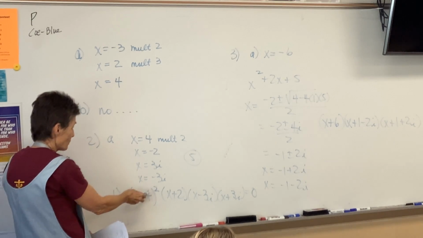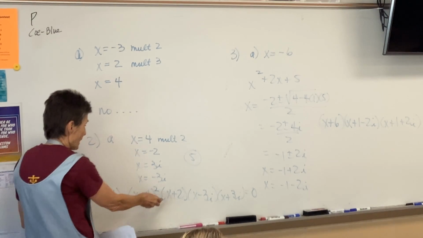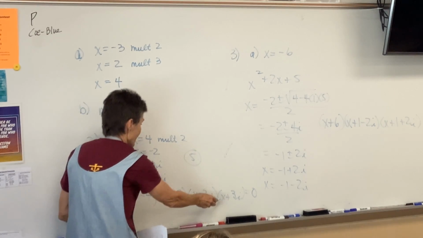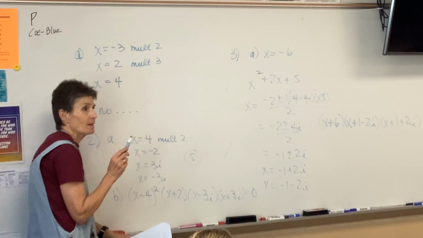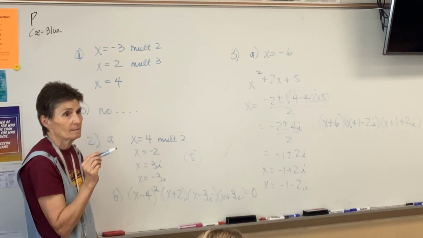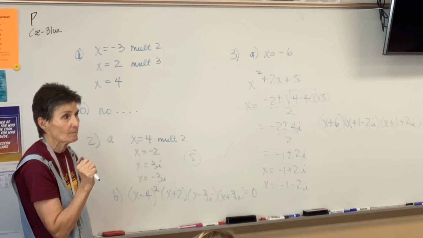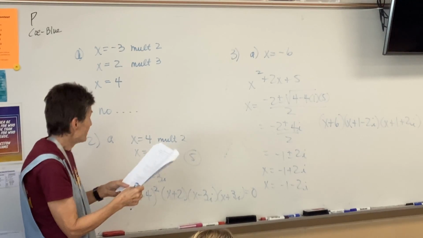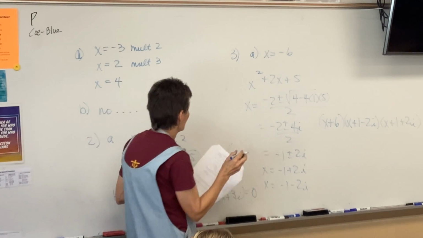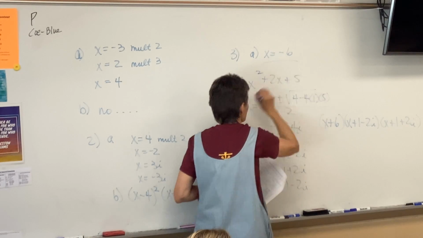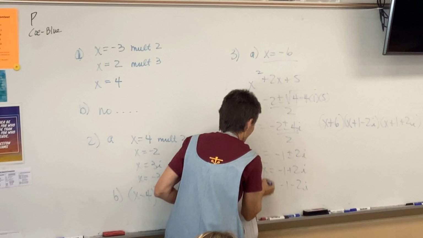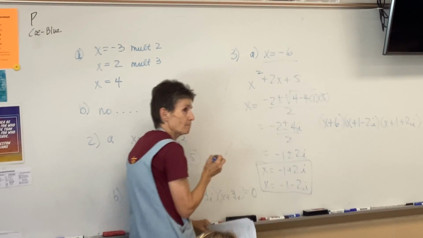I've got x minus 4 squared, x plus 2, and then x minus 3i and x plus 3i as my factors. Does that look all right to everyone? And then 3, it said find all the zeros, so obviously one of them's -6, and then I solved this and got these as the other two.